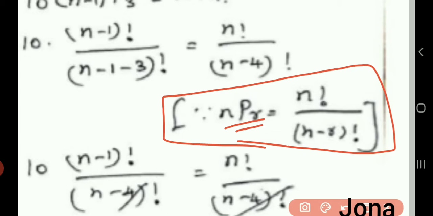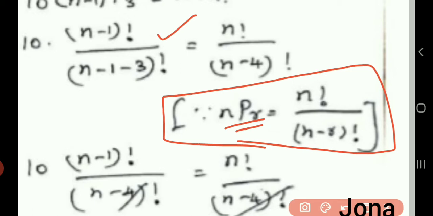So here (n minus 1)P3 can be written as (n minus 1) factorial divided by (n minus 1 minus 3) factorial. Instead of n we have n minus 1, and r is 3.